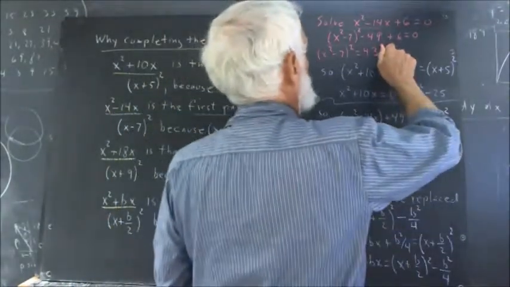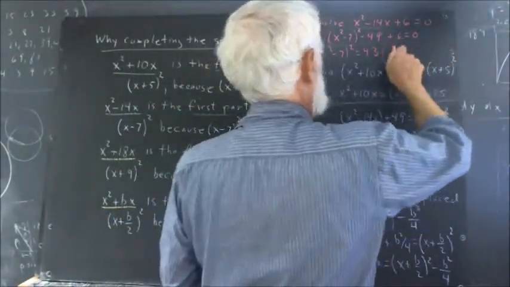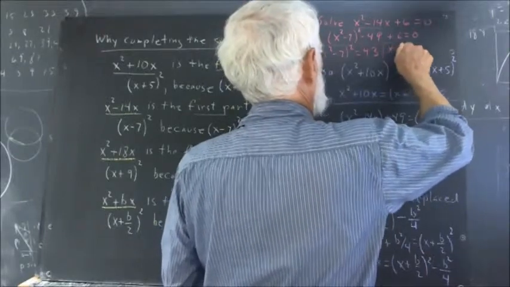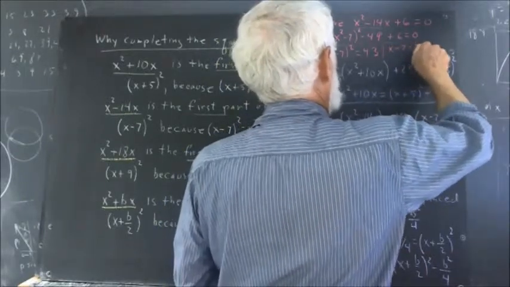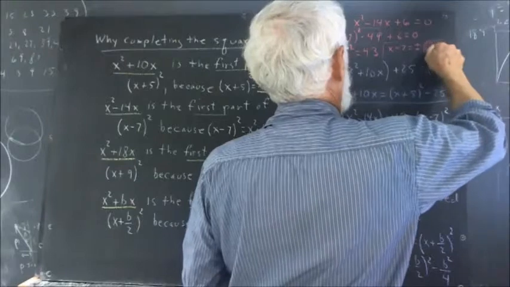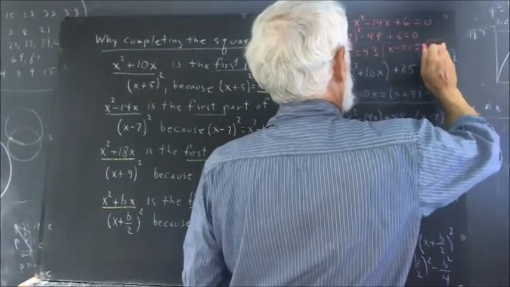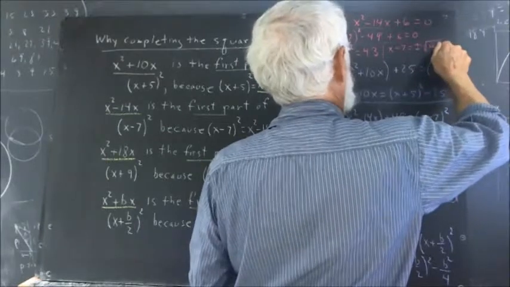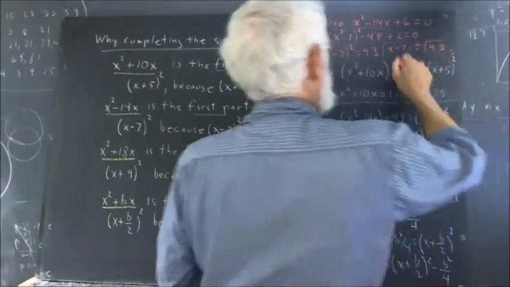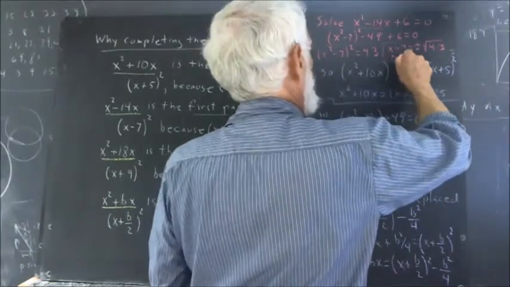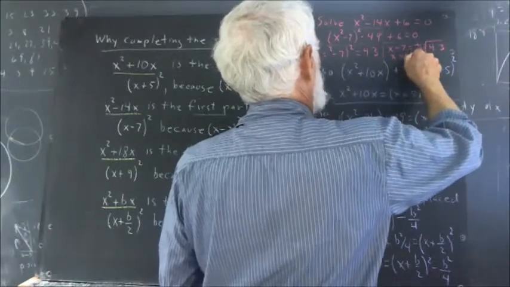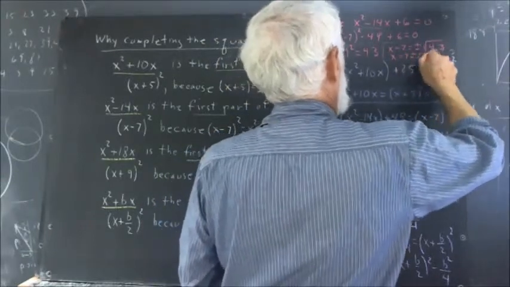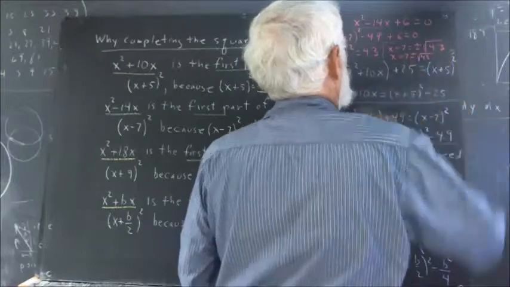And maybe I have room to write at least part of it. This tells us that x minus 7 is plus or minus the square root of 43. Let's write that down correctly. Hate that smudge, but we'll have to live with it. So that x equals 7 plus or minus the square root of 43.